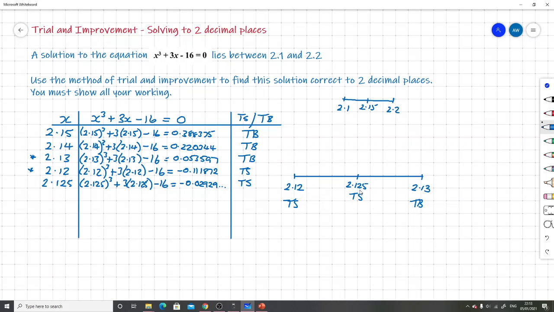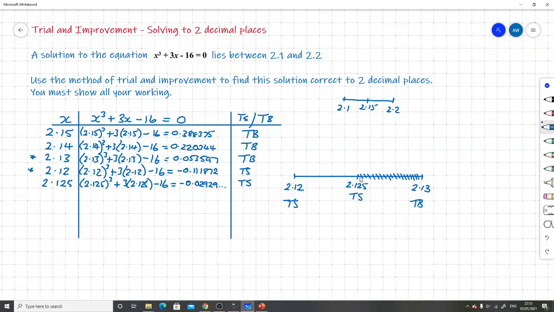And like I said in the last video, if you wanted to be really accurate and not just 2 decimal places and carried on forever, but we can't do that obviously, we've got things to do, then if this value 2.125 is too small and that's too big, 2.13, then the answer, if I carried on going to 3 decimal places, would be in there, between the too small and too big.